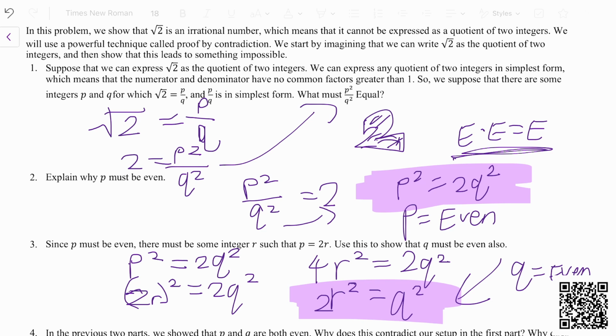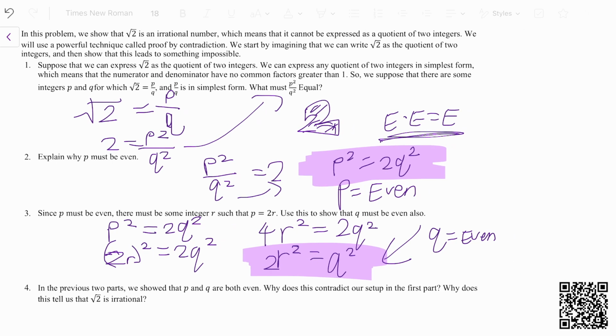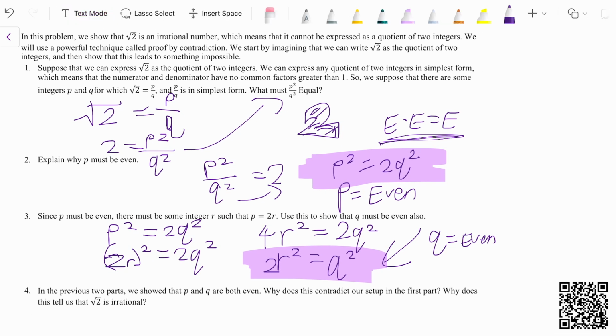So this means that if both of them are even, they share the factor of 2, which means that p and q are not actually in simplest form, which contradicts our first setup, which is saying that p and q are in simplest form.